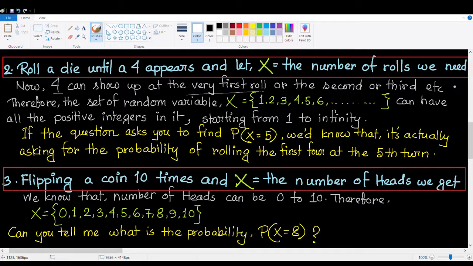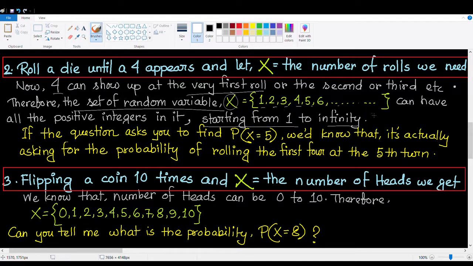But you cannot guarantee that 4 will show up by n number of turns. It can happen that you have been rolling this die hundreds of thousands of times and no 4 shows up. Therefore the set of the random variable X equals 1, 2, 3, 4, 5, 6, and it can have all positive integers in it, from 1 to infinity.